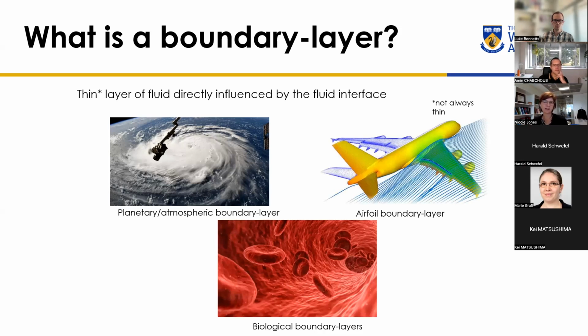There are boundary layers flowing around our cars, our aeroplanes, etc., where we are always trying to minimise the amount of drag so that we can get the most fuel efficiency out of moving objects. And then there are also biological boundary layers. If we think about the blood flowing through our blood vessels, there's a boundary layer at that interface. So there's just three examples.